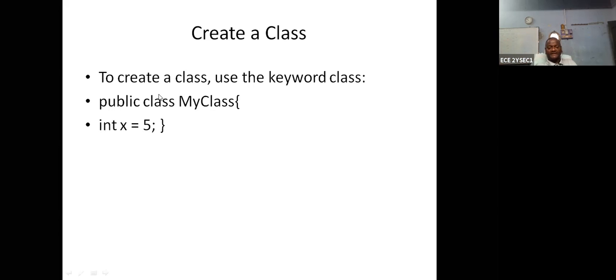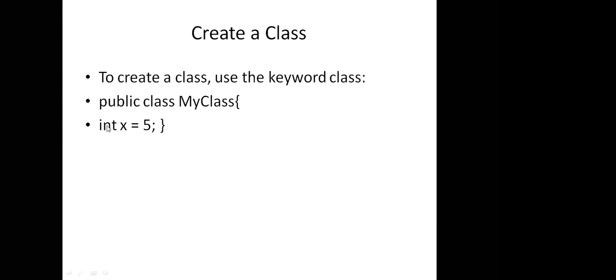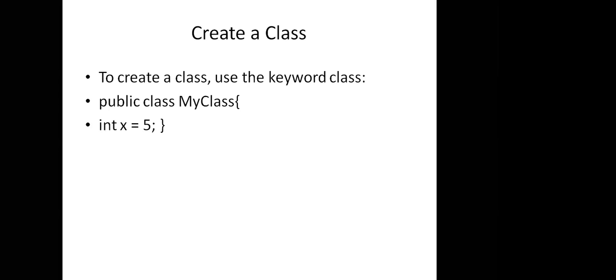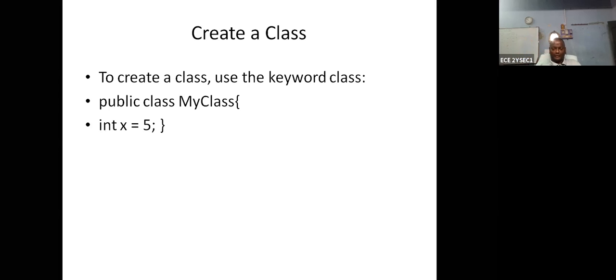Public is the category, class is the category, and the name of the class is MyClass. Next, this is called an attribute. X is an attribute, and sometimes it is also called a field, F-I-E-L-D. This is the declaration of the class.